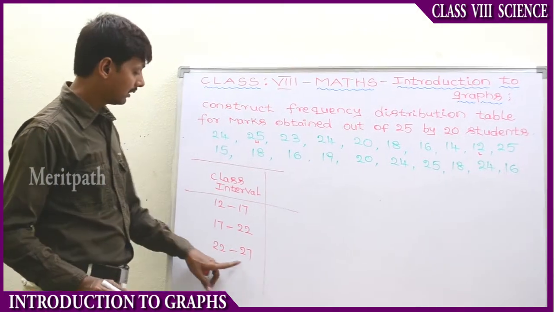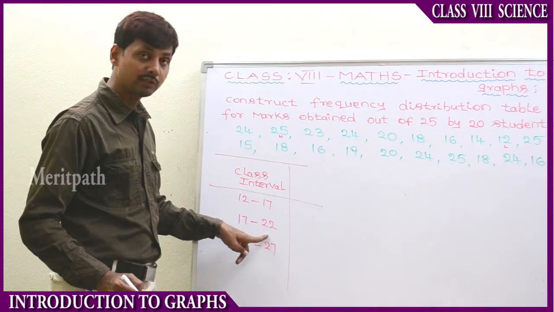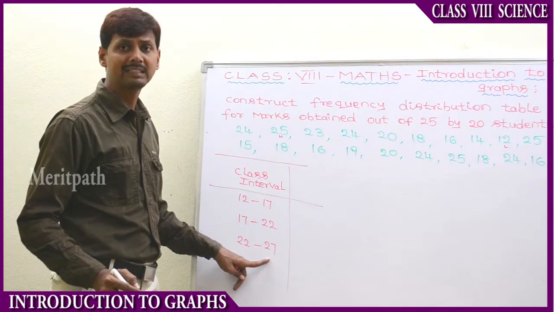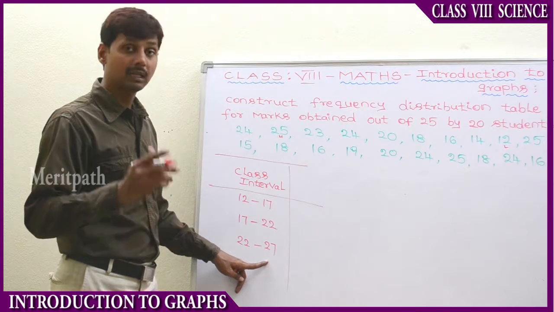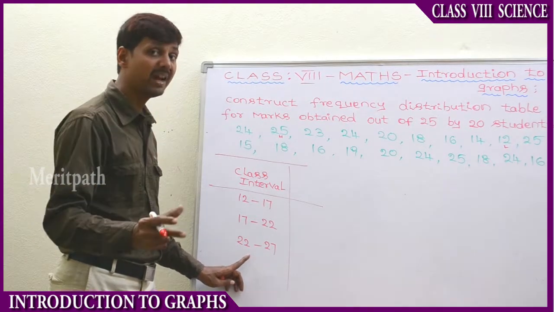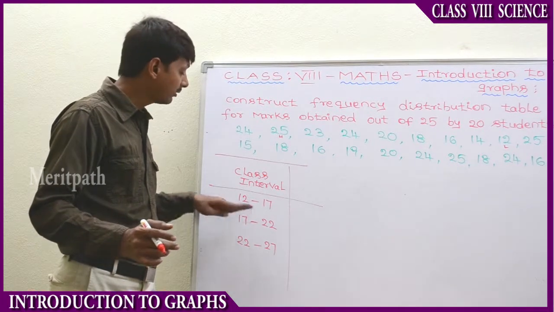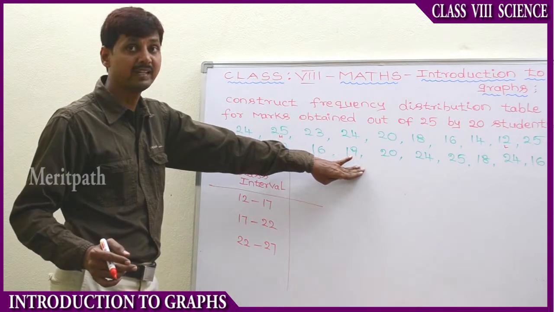Here, 12 to 17, 17 to 22, 22 plus 5 is 27. But we don't have a highest mark of 27. 25 is the highest, so we take 22, 23, 24, 25 only here, because the class interval is 5. That's the reason we have taken 27 here, but the highest mark is 25.